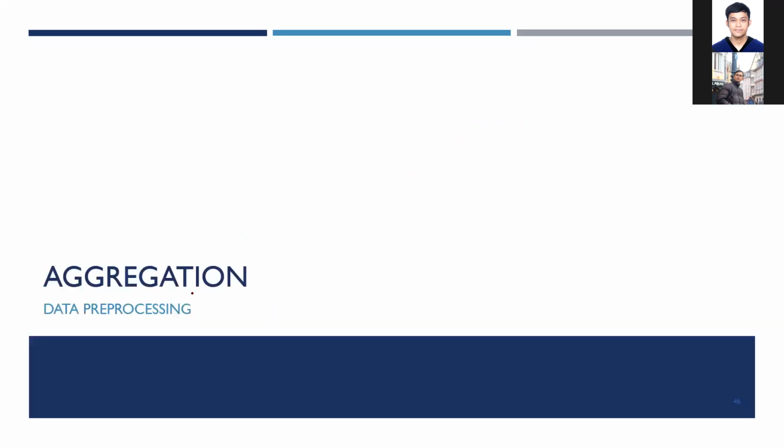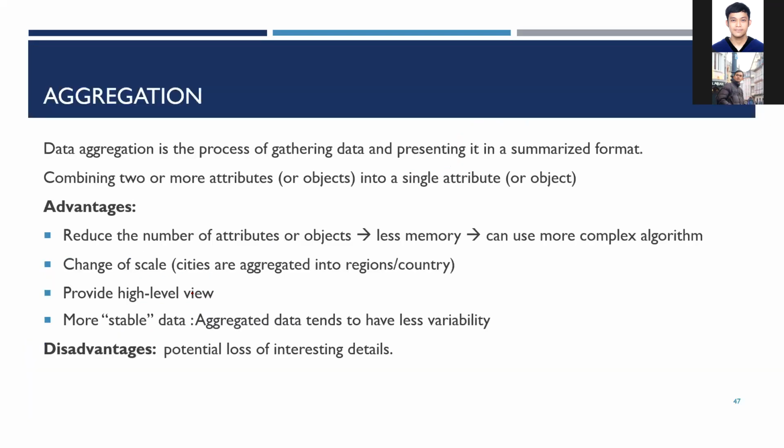Then we have data aggregation. Data aggregation is the process of gathering data and presenting it in a summarized format. For example, we can combine two or more attributes into a single attribute, or we can combine some objects into one object.